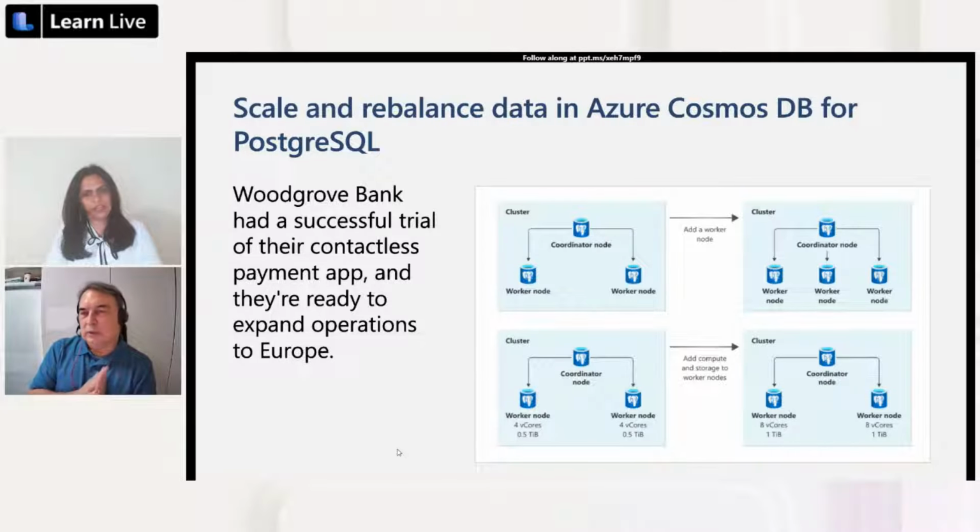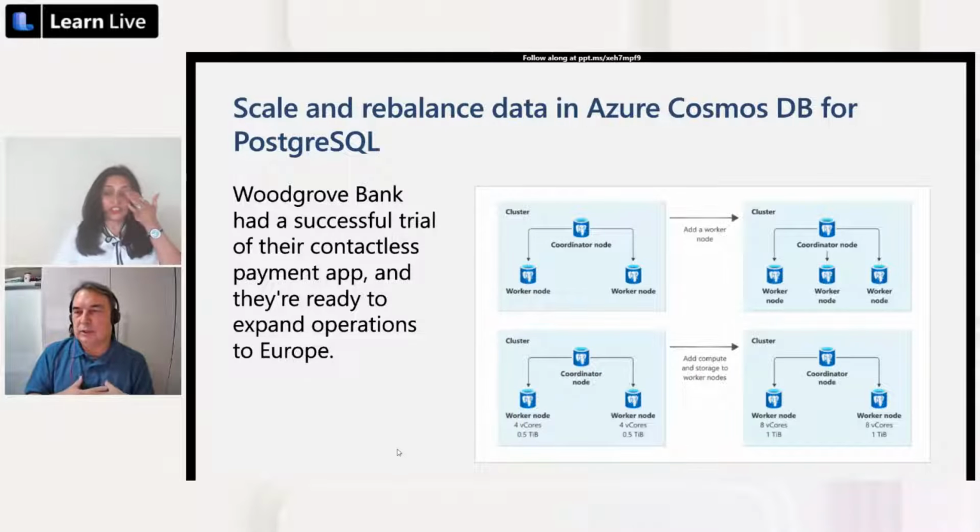We need to understand their roles. One Postgres server is always in the role of the coordinator, and its only purpose is to coordinate the remaining nodes. All other nodes are worker nodes. Those are the servers that actually execute our queries, our workloads.